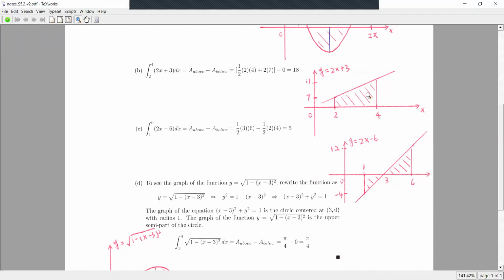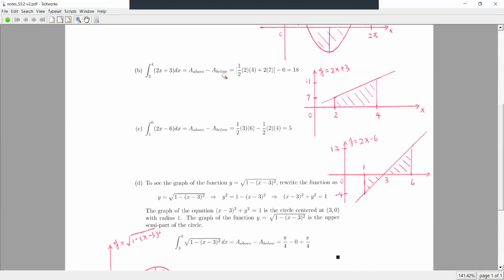The height of this triangle, from 7 to 11, is 4. Then the rectangle here has base 2 times height 7. So the area of the triangle plus the area of the rectangle is the area of this trapezoid.